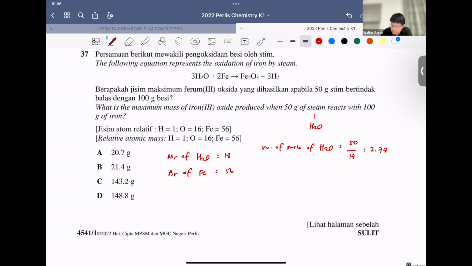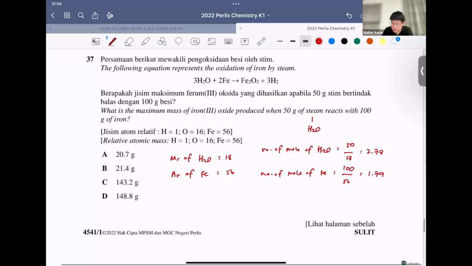And after that, for the iron, it will be 100 divided by 56. We should get 1.79 more.